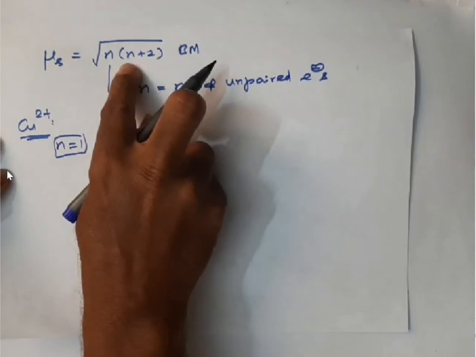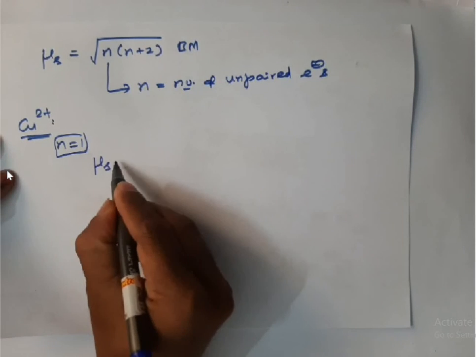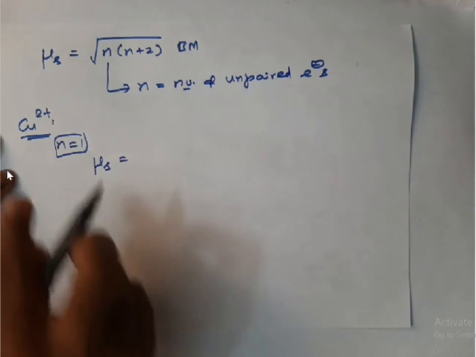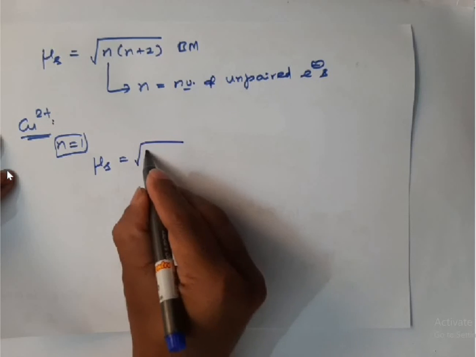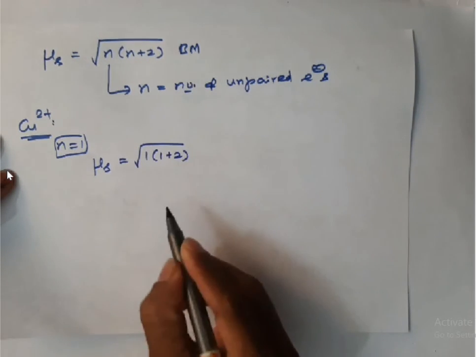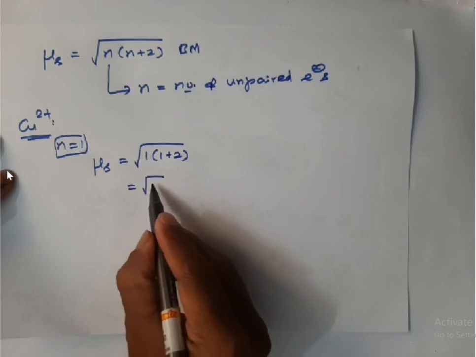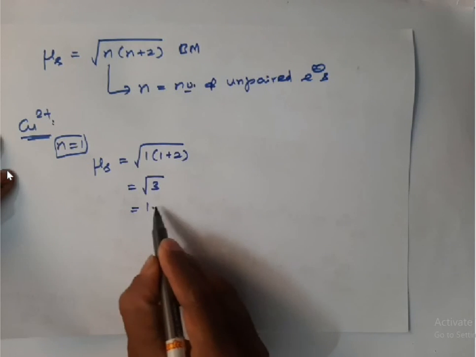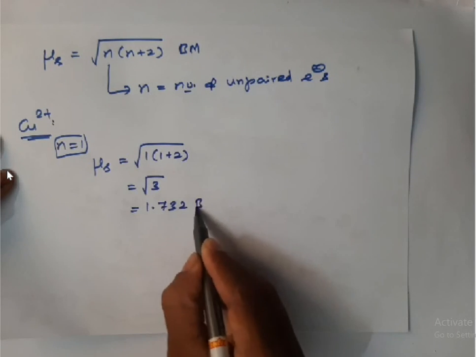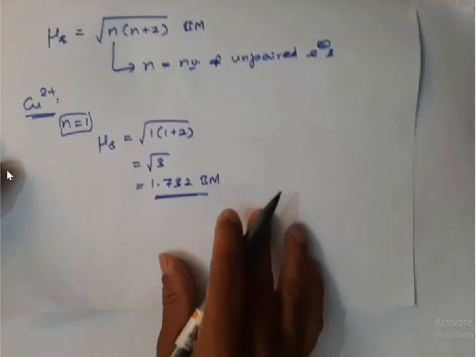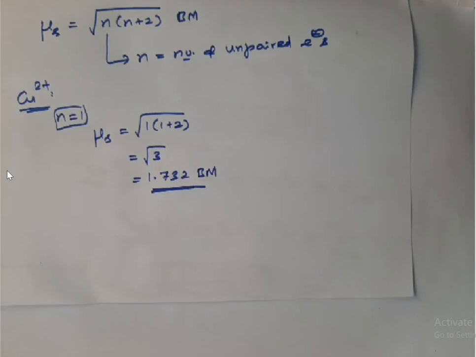If I put n equal to 1 here, then the spin only magnetic moment for Cu2+ is square root of 1 into 1 plus 2, which is nothing but square root of 3. Square root of 3 is 1.732 Bohr magneton. This is the spin only magnetic moment of the Cu2+ ion. Okay, if you know the unpaired electrons, you must know how to calculate the spin only magnetic moment.